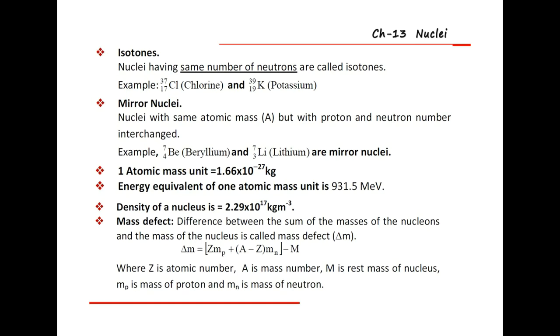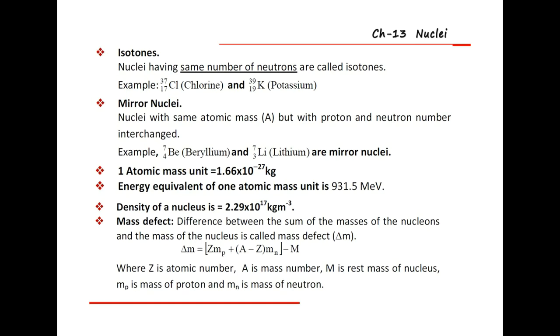Next, the density of a nucleus is 2.29 into 10 raised to 17 kg per meter cube.